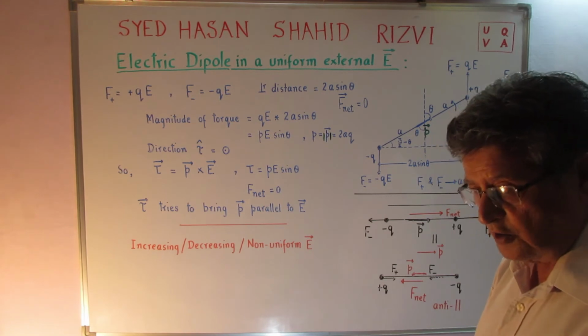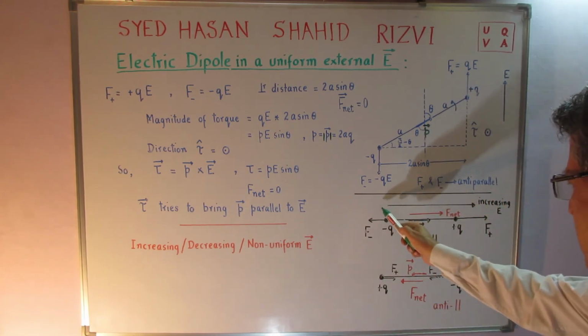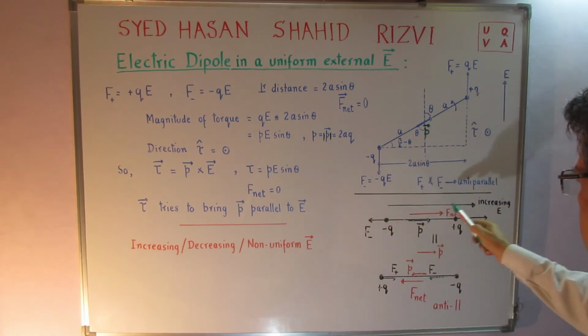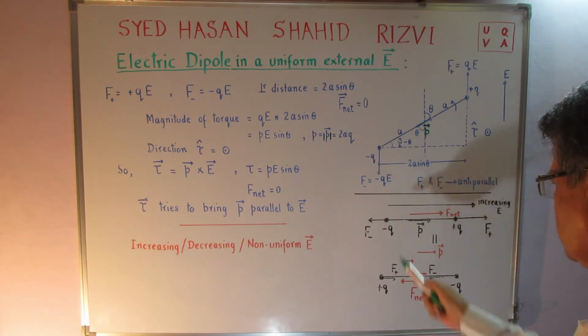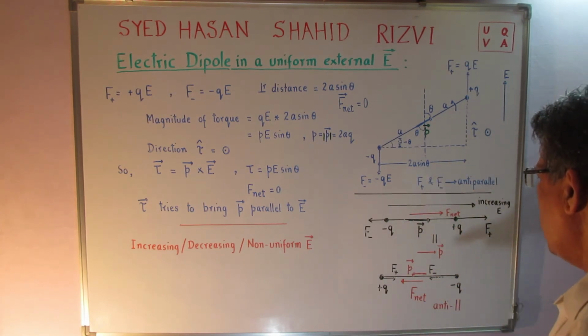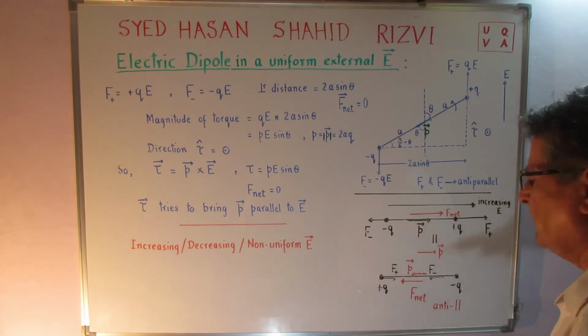Increasing not with time, but as we move from left hand side to the right hand side, the value keeps on increasing. So in the first instance here, I have put the P parallel to the increasing electric field.